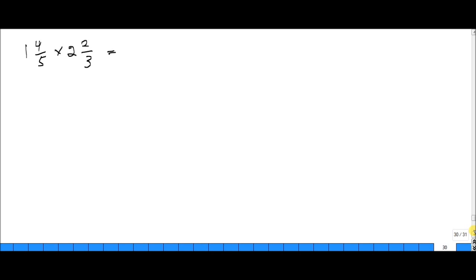Now, when we are looking at multiplying mixed numbers, we need to change all the mixed numbers to improper fractions before we multiply. So 5 times 1 would be 5, plus 4, this would be 9 over 5, multiplied by 3 times 2, 6, and 2, 8 over 3.